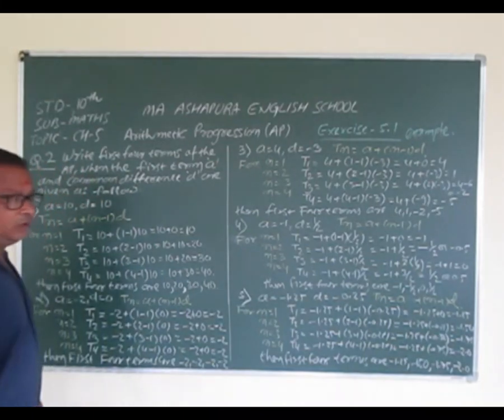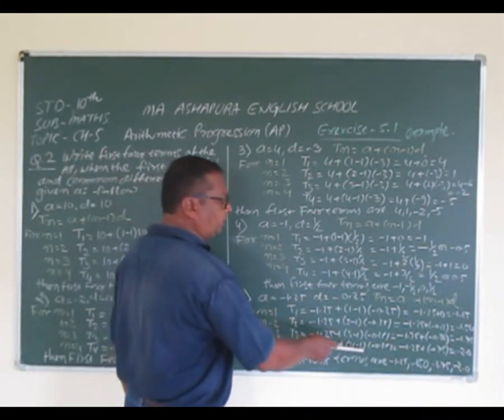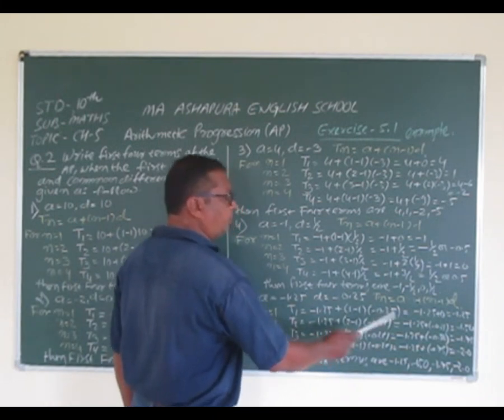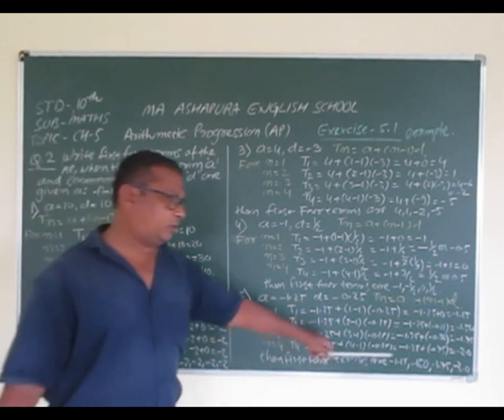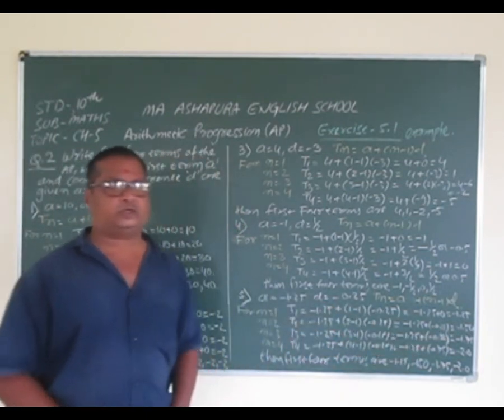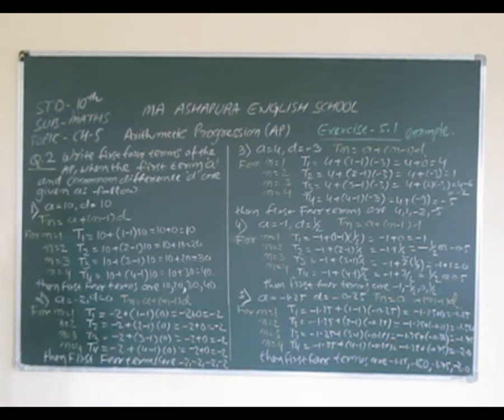Therefore T4 is equal to minus 1.25 plus 4 minus 1, that is 3, into minus 0.25, and we get minus 1.25 minus 0.75, which is equal to minus 2.0. So the first four terms are minus 1.25, minus 1.50, minus 1.75 and minus 2.0.